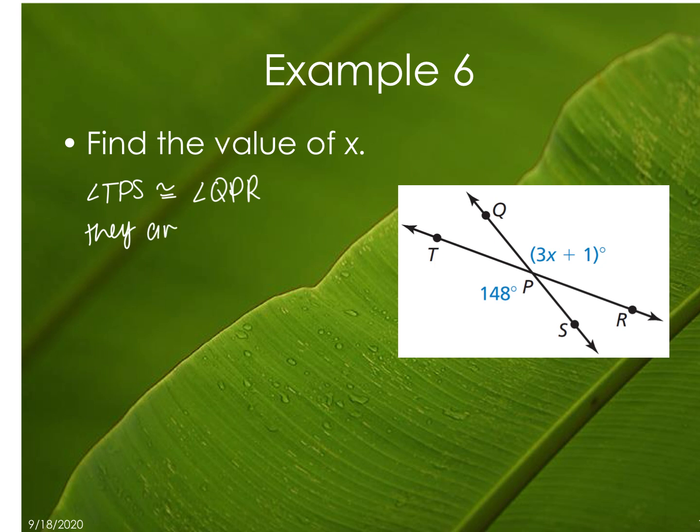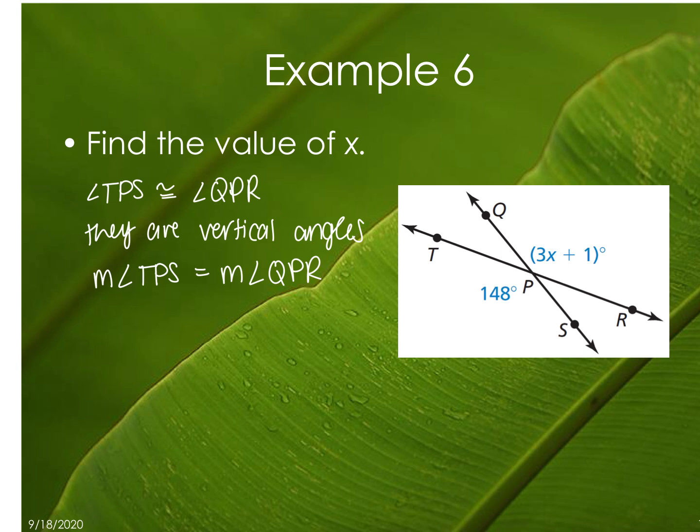They are vertical angles. Okay, so that means the measure of angle TPS is equal to the measure of angle QPR. Go ahead and write your equation and solve for x.